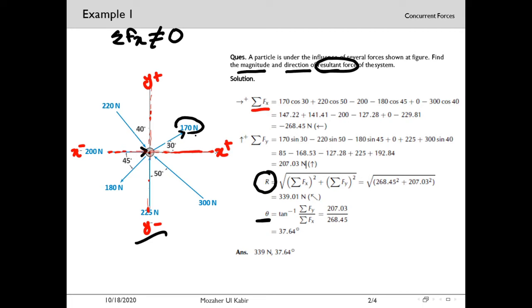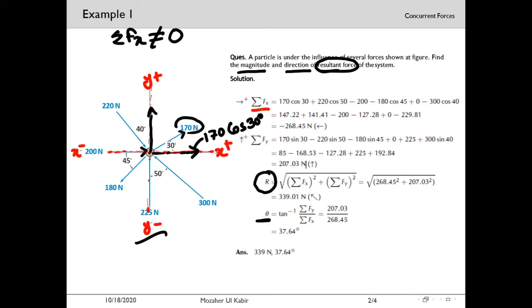As the angle of the 170 Newton force is given with this horizontal component, the value of this horizontal component will be 170 cos theta, where theta is given as 30 degrees, so 170 cos 30. And similarly, the value of the y component will be 170 sin 30.